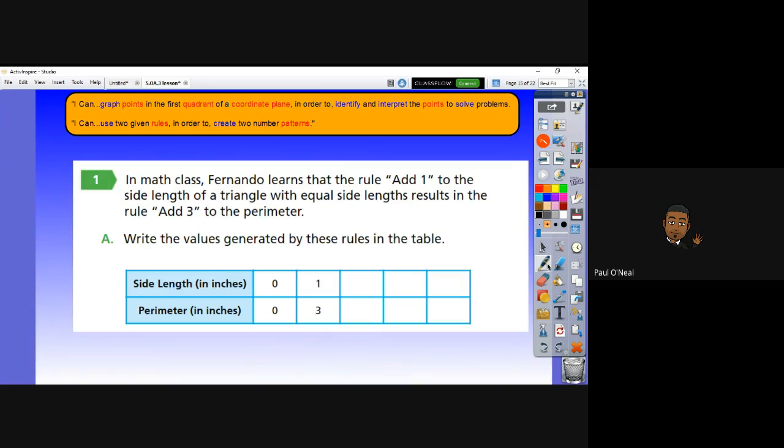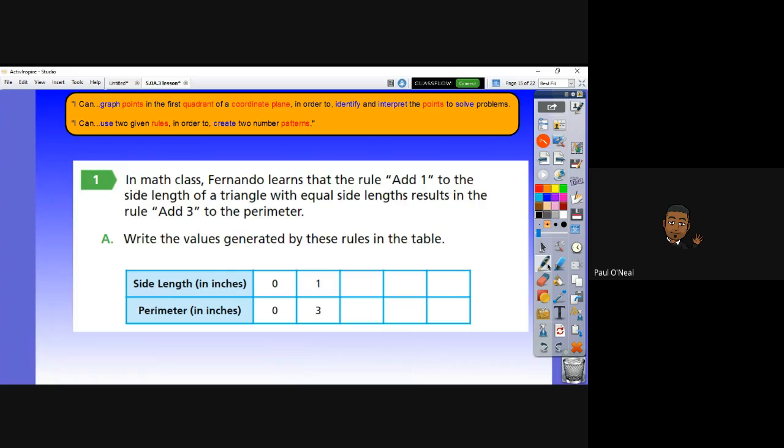Okay, so here we see the table. We see it is labeled side lengths in inches as well as perimeter. So now let's go back to the top and break down what they're telling us, okay? Fernando learns that the rule add 1 to the side lengths of a triangle with equal side lengths results in the rule add 3 to the perimeter. Now, some key terms that you may know or be familiar with, especially perimeter.